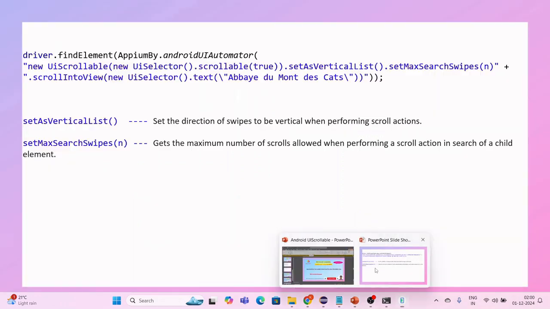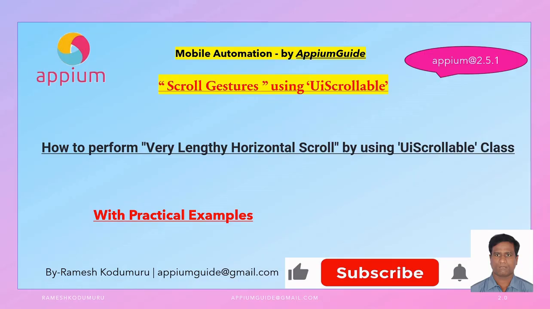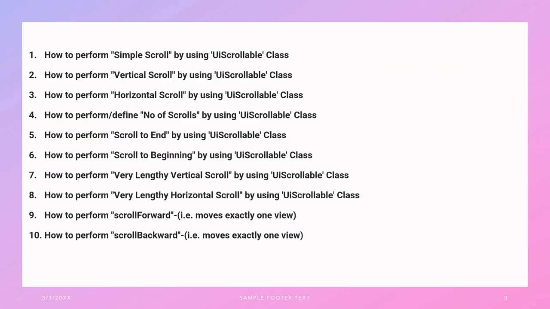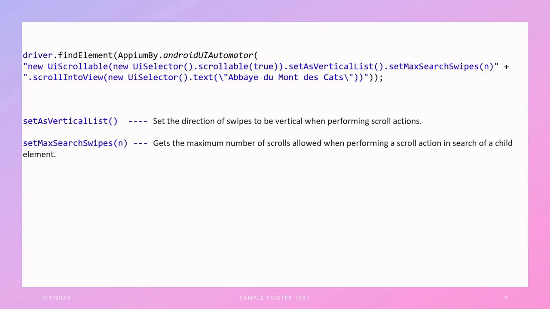So we have a method for this. We have this command, new UiScrollable(new UiSelector().scrollable(true)), and we have to provide setAsVerticalList.